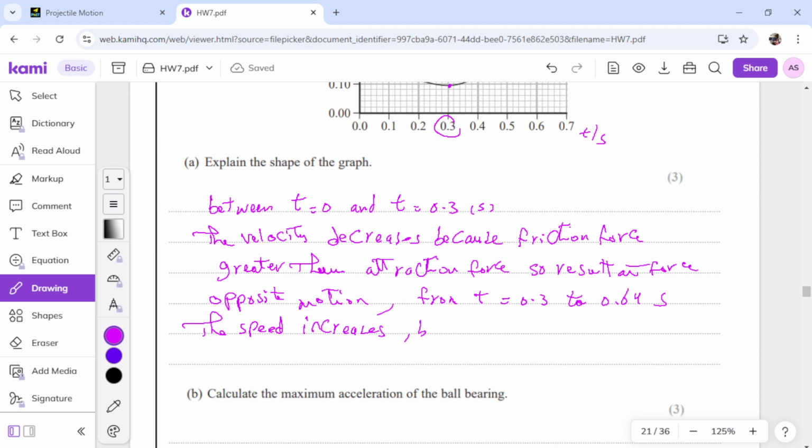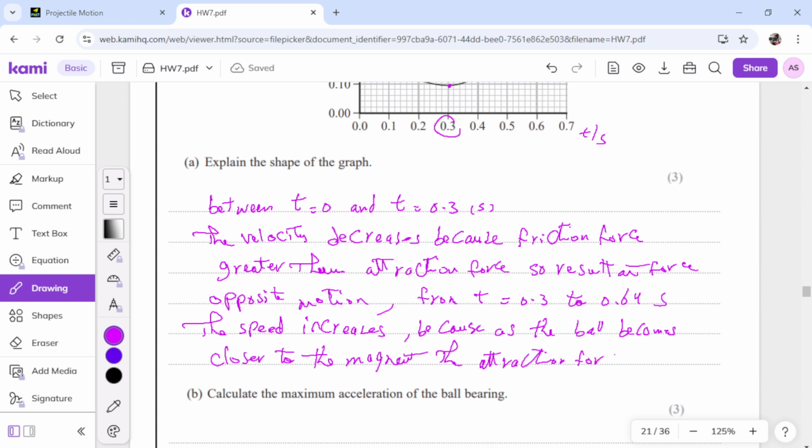So it will be because as the ball becomes closer to the magnet, the attraction force becomes greater. This is the explanation of the shape and the reason for each action.